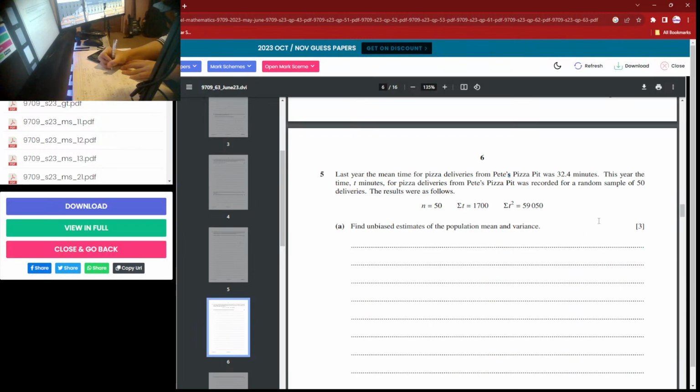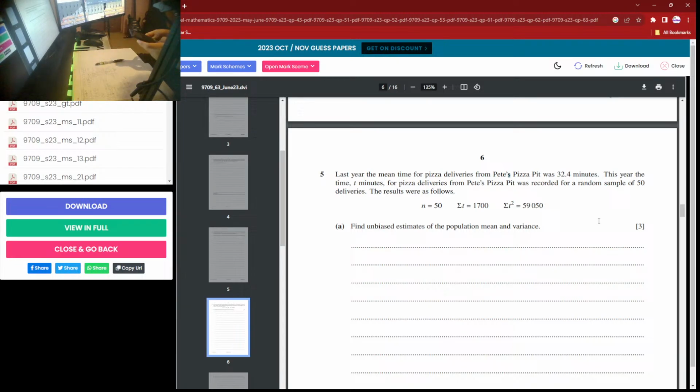We'll have 34 minus 32.4, divided by the variance, which is 25.5, and we will divide this by the n as well.